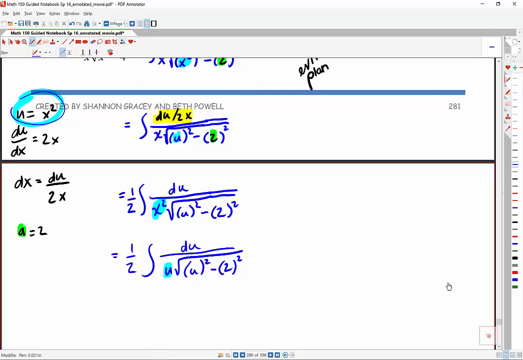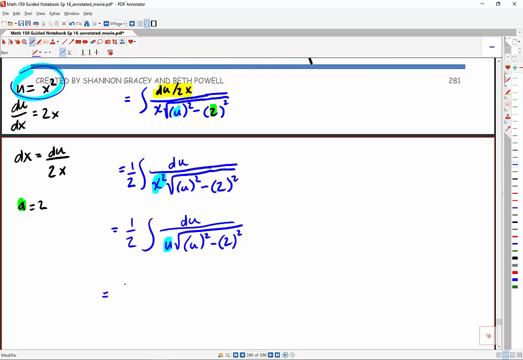So this will give us 1/2 times 1 over a, which was 2, times arcsecant of the absolute value of u over a, which was 2, plus c.